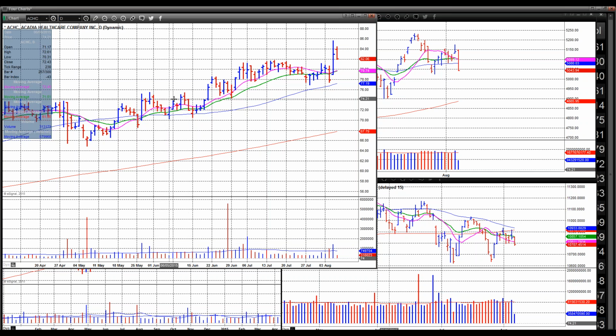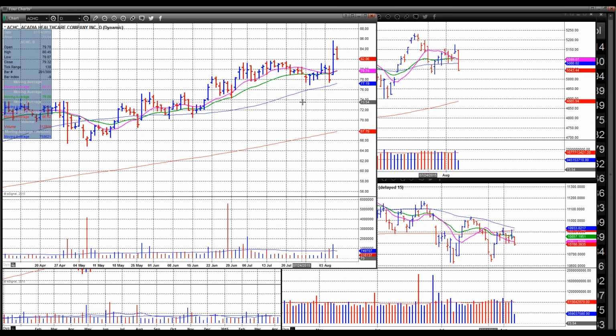So if you sold it in that action, don't kick yourself, because it wasn't behaving like a proper pocket pivot should. But maybe you kept the core position, and had you kept that core, then you rode to some profits. And then we put it on the list yesterday, and it had a big up day, I think, on strong earnings. And today it's retracing on lower volume, so it looks about right.